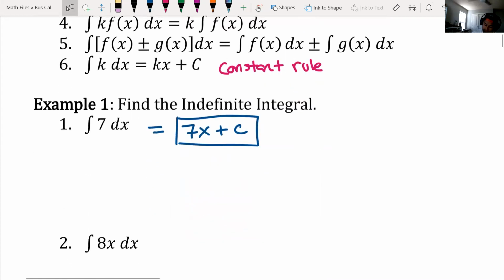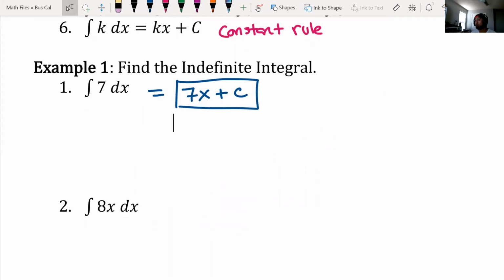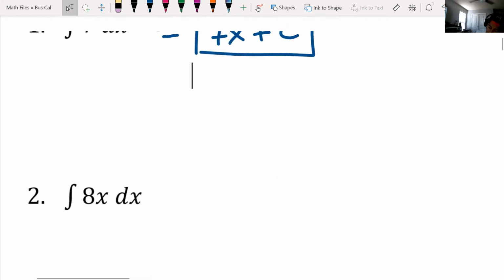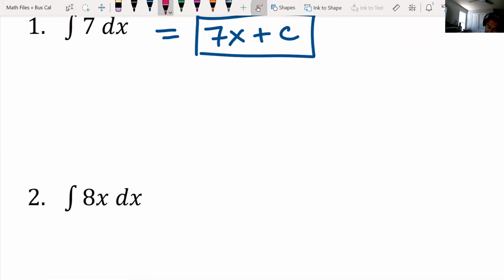Okay. 2. The integral of 8x dx. Okay. So what we're going to do here is separate the 8. We're going to move that 8 to the outside. So I'm going to get 8 times the integral of x dx. And now we are going to use the power rule on this integral.